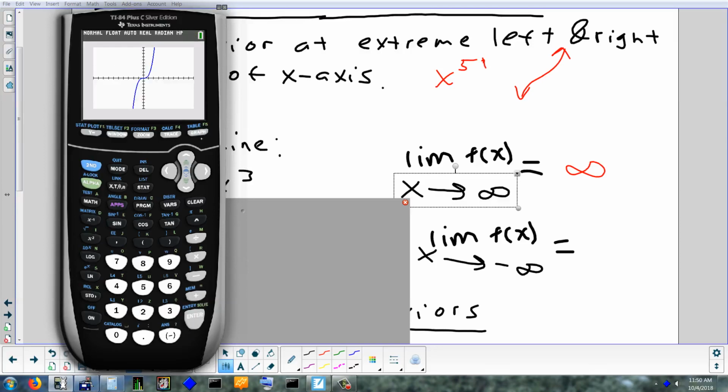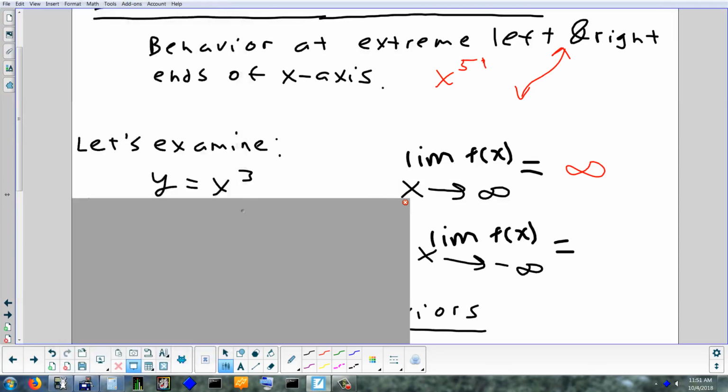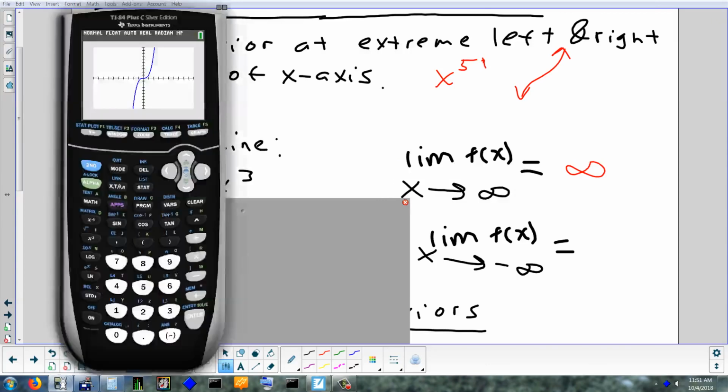Now, how about the other way? What's happening to y as x heads further and further to the left, towards really, really big negative numbers? It just gets closer to infinity. If it was getting closer to infinity on the left, it would have to look more like this.